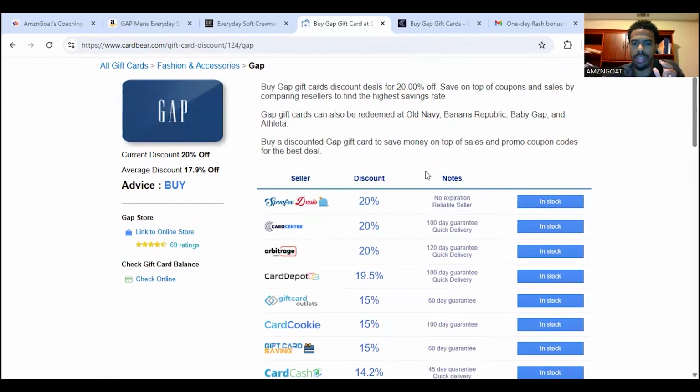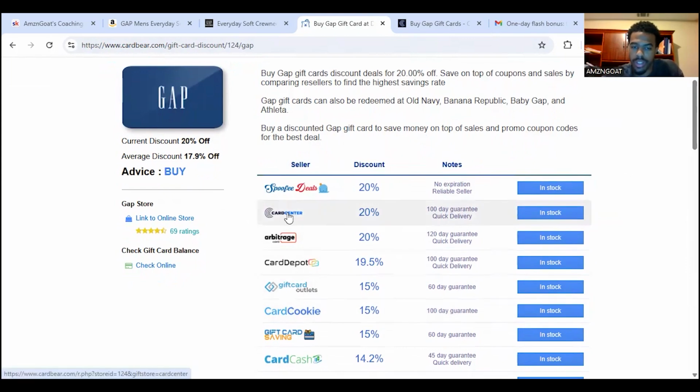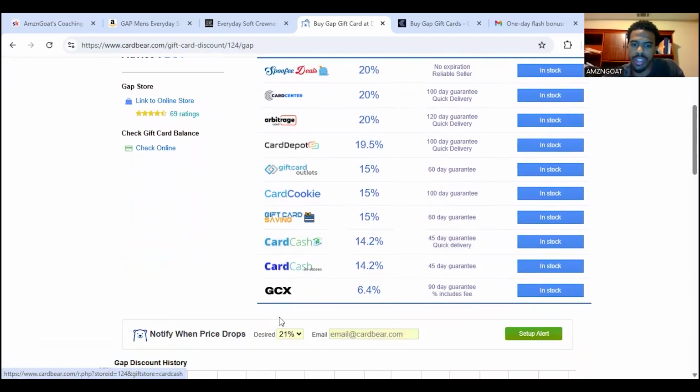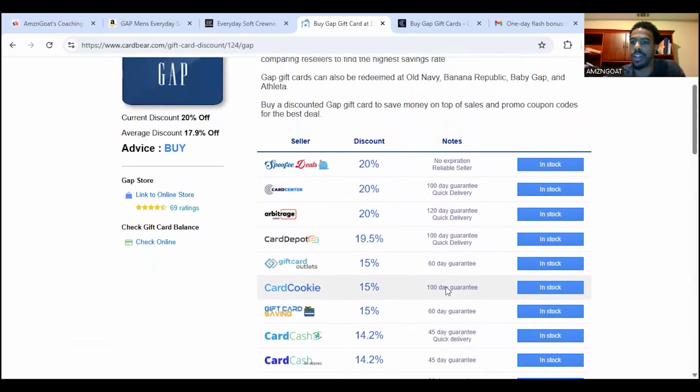I'm just gonna go through some of these ones that I've used before that I can totally vouch for. Card Center is a supplier that I've used before. Arbitrage Card is a supplier I've used before. Card Depot, Gift Card Outlets, Card Cookie, Card Cash, and GCX are all verified, solid suppliers of gift cards.